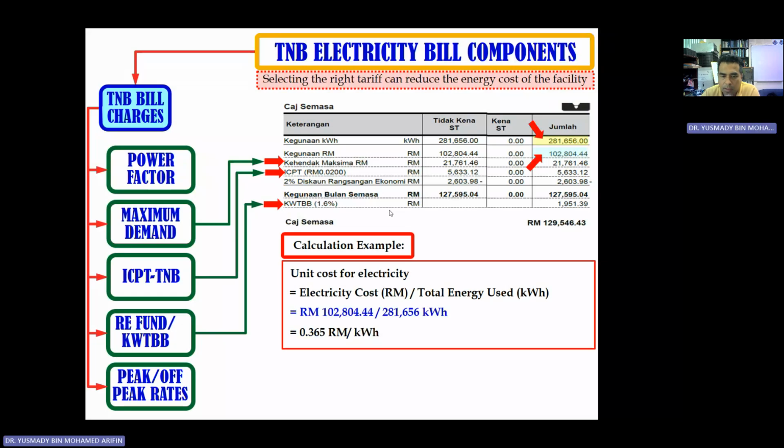So we get the rate for the total bill in terms of electricity, which is equal to 0.365 RM per kilowatt hour.